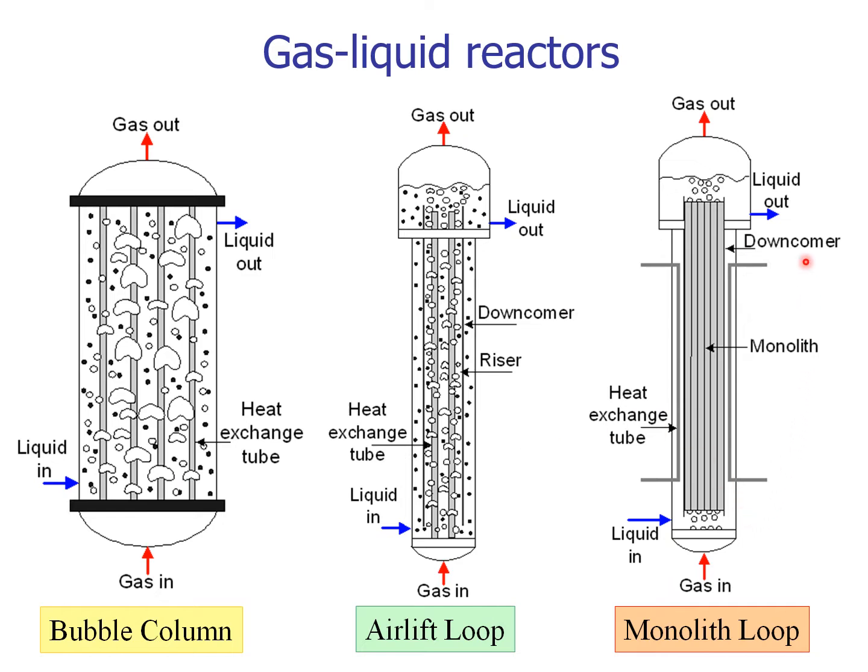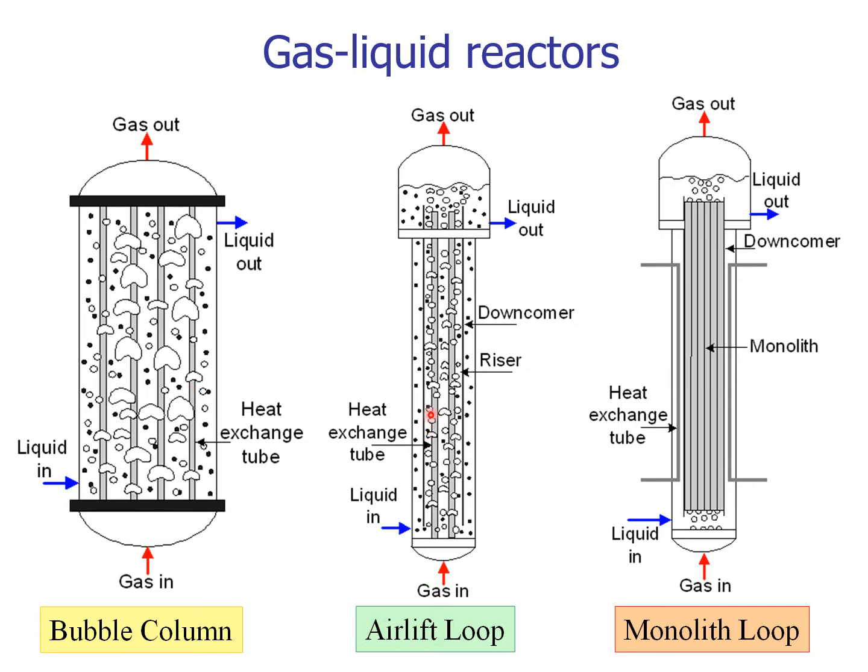To set the scene for hydrodynamics in a monolithic reactor, let us have a recap of the hydrodynamics of bubble columns, where a gas is dispersed as bubbles inside a liquid or a slurry, and the column may have internals such as heat exchange tubes in case of highly exothermic reactions such as the Fischer-Tropsch process.